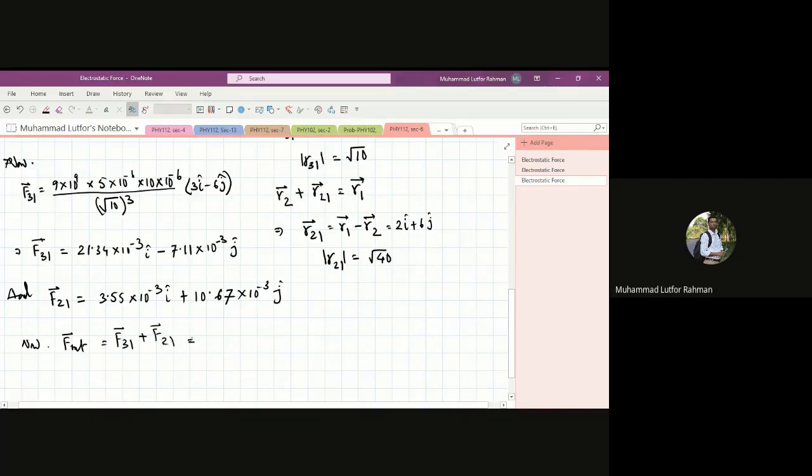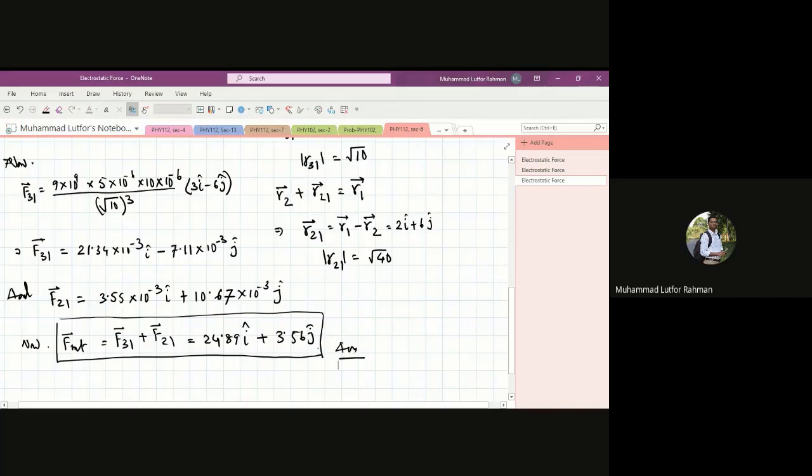If you add, you will find that it would be 24.89 i hat plus 3.56 j hat. So this would be the resultant force on charged particle 1 due to charges 2 and 3. That would be your answer.